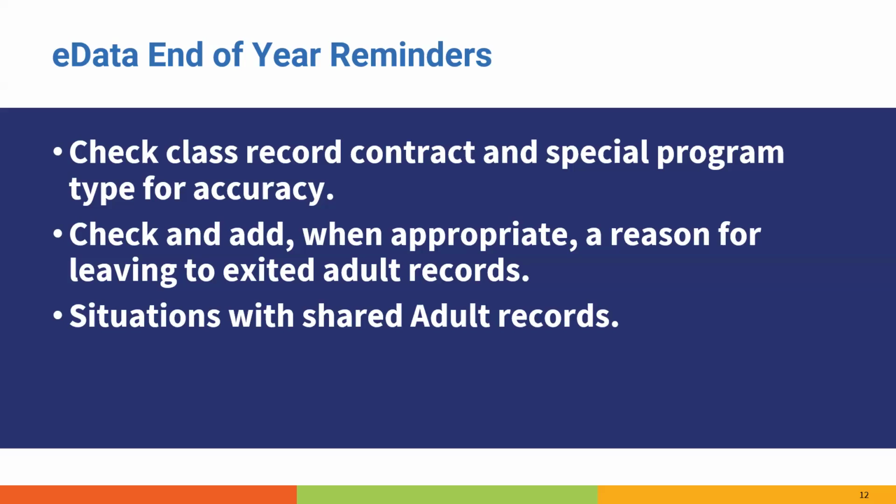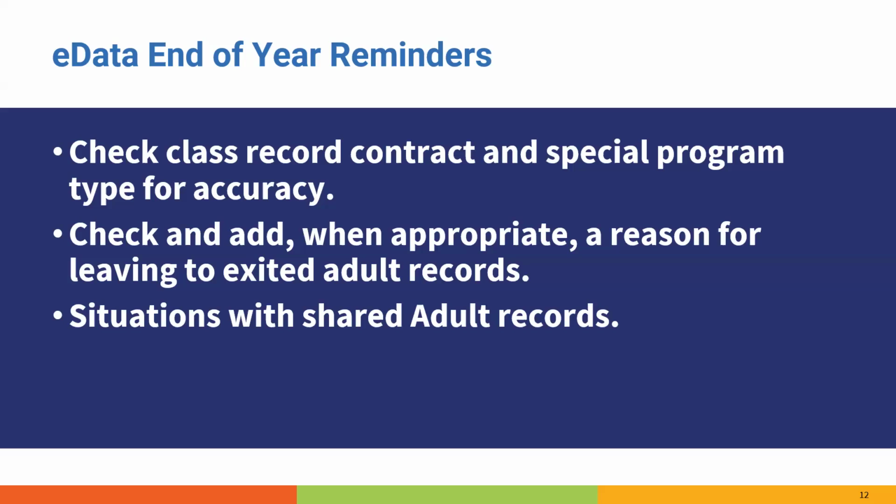Also, it's a good practice to add, when appropriate, a reason for leaving to all of those adults that did require an exit date. The reason for leaving field has been added to some queries, and that may help you assess why someone left and what kind of follow-up may be possible with that adult.